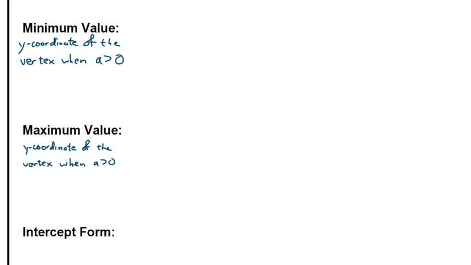And here's what I mean by that. So if a is not greater than 0, a is less than 0. Sorry. Here we go. When a is greater than 0, let's say we get a graph that looks like this. And this is the vertex 3, negative 1.